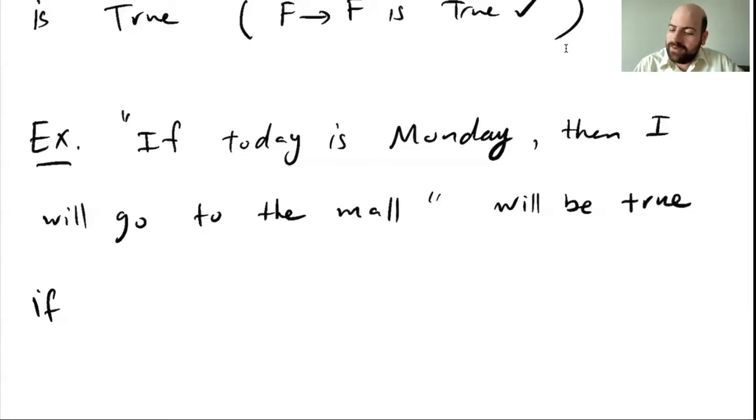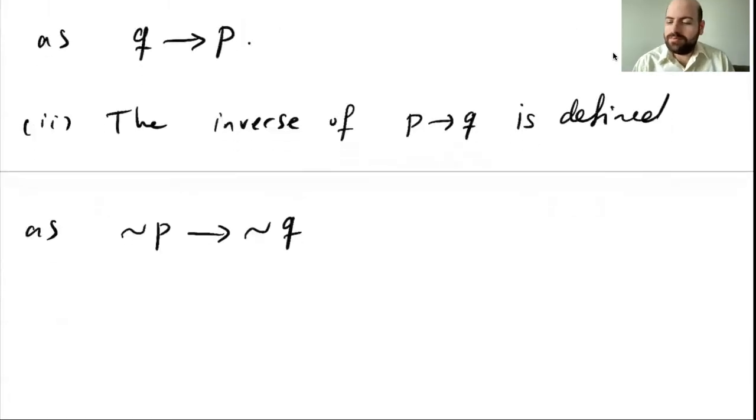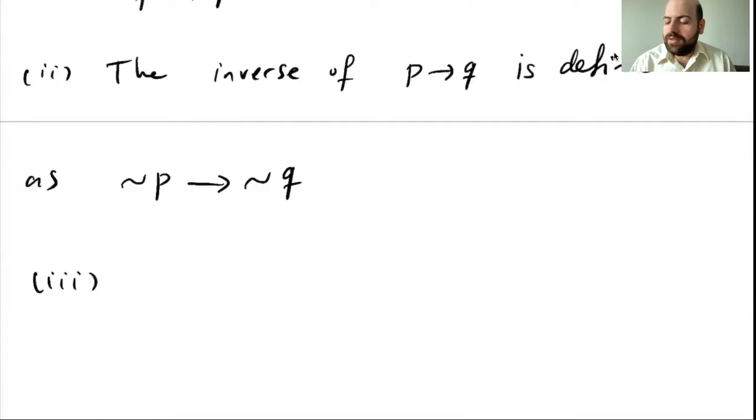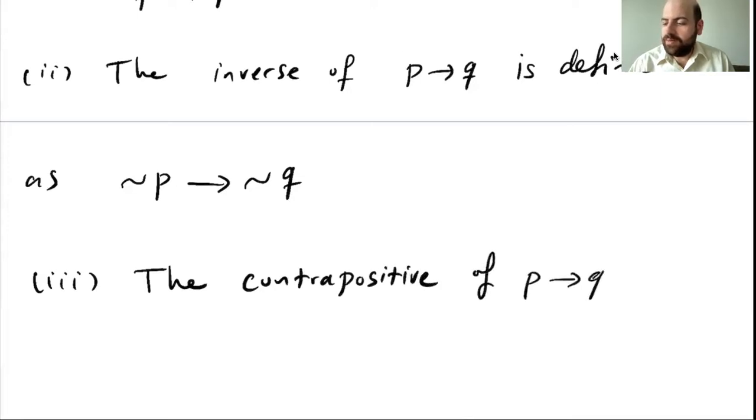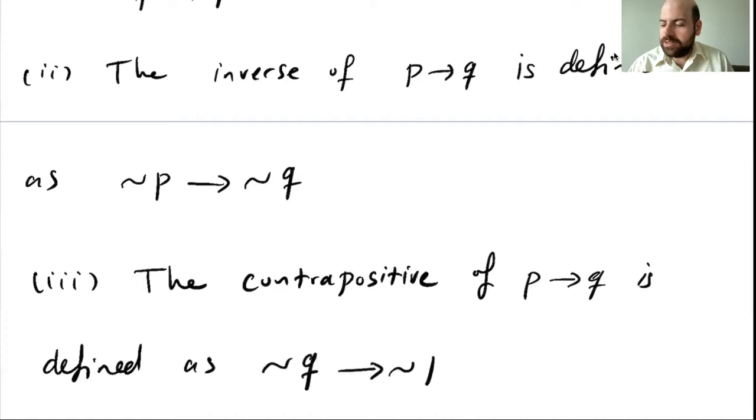Second definition, the inverse of P implies Q is defined as negation P implies negation Q. And the third one, the contrapositive of P implies Q is defined as negation Q implies negation P.